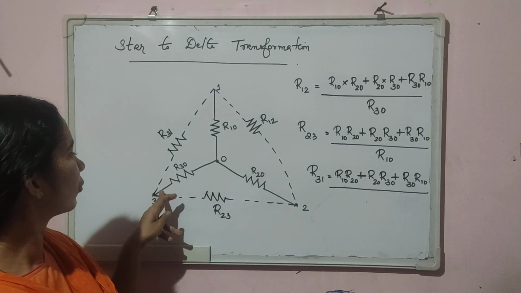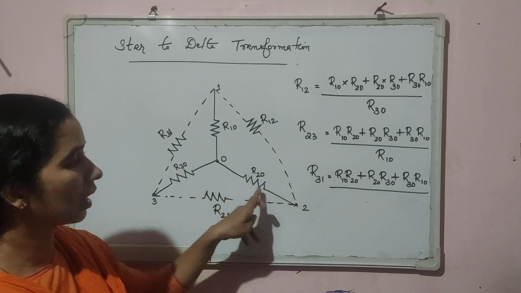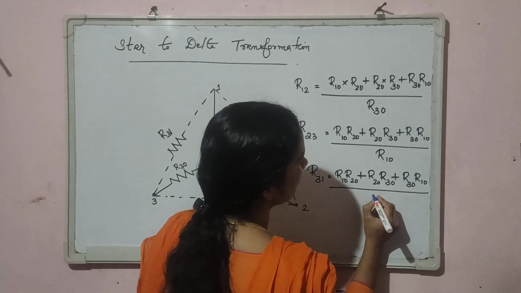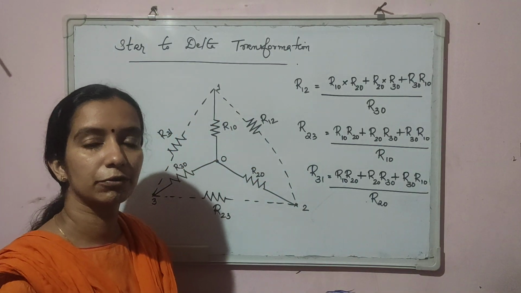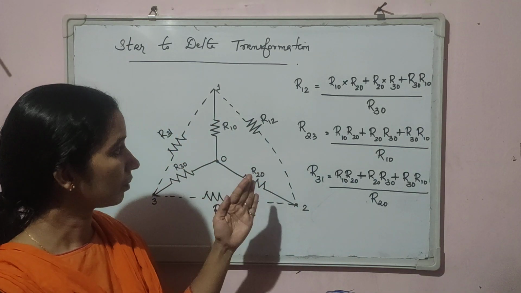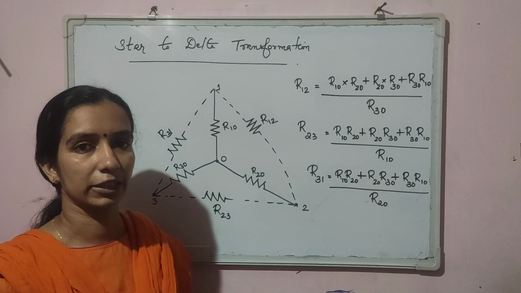So the resistor that is not connected to 3 or 1 is R20. So this will be R20. So these are the equations needed for converting star connection into delta connection.